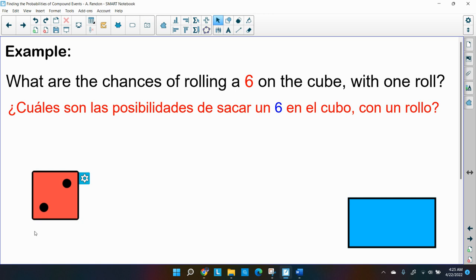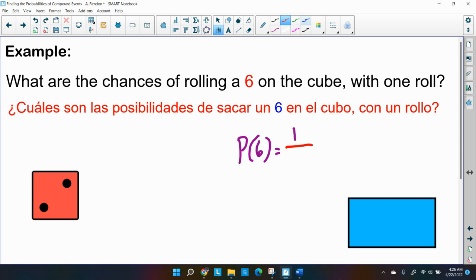I'm looking for the probability of rolling a 6 in one roll. I got lucky on my first roll, but for the probability of a 6, there is only one 6 on the cube out of a total of 6 different numbers.